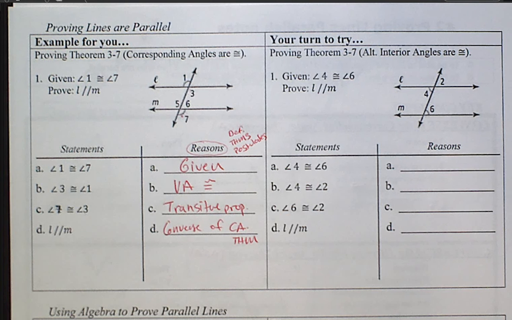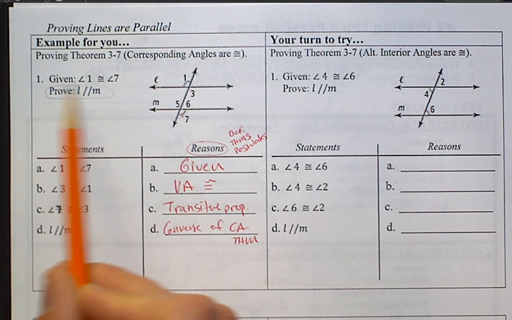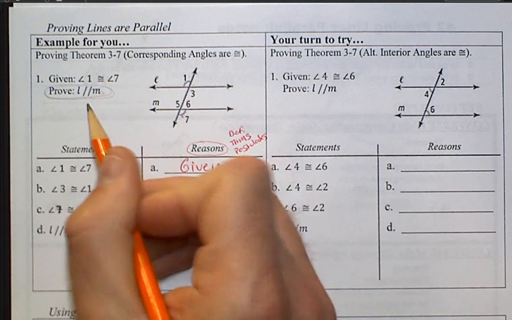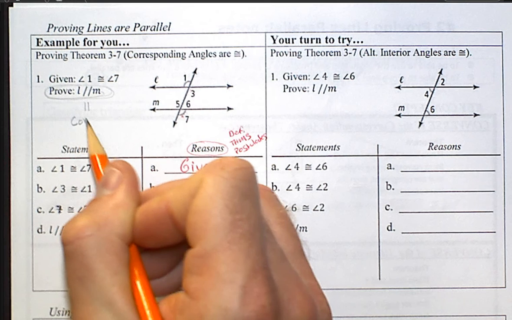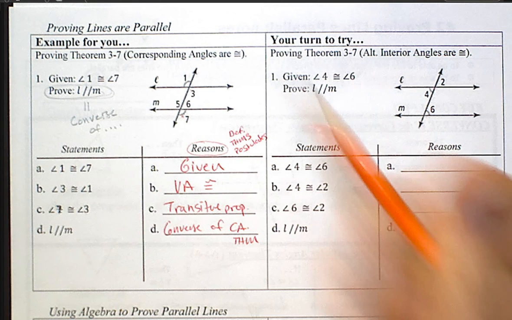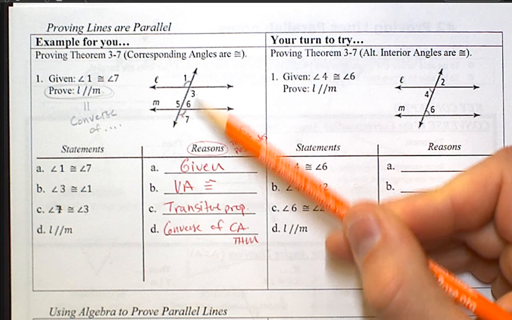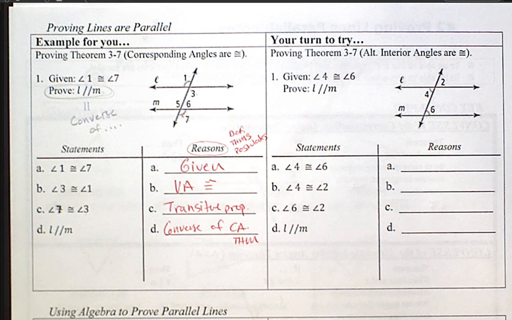And that proof, you may see this again on a quiz or a test come up. Whenever you see this statement right here, prove that two lines are parallel, you should immediately be thinking that has to be the converse of something, whether it's converse of corresponding angles, based on the location of 3 and 7, or AIAs, or whatever the case may be.